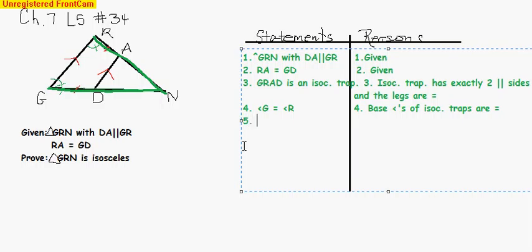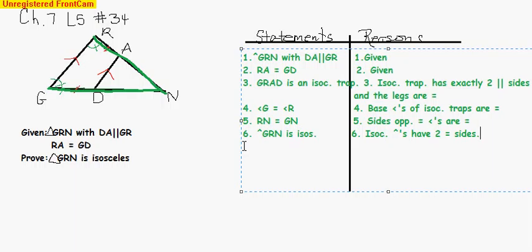Then we can say RN equals GN, and that sides opposite equal angles are equal. And finally, the last step, we would say triangle GRN is isosceles. And the reason for this is isosceles triangles have two equal sides. And that's the proof for lesson 34.